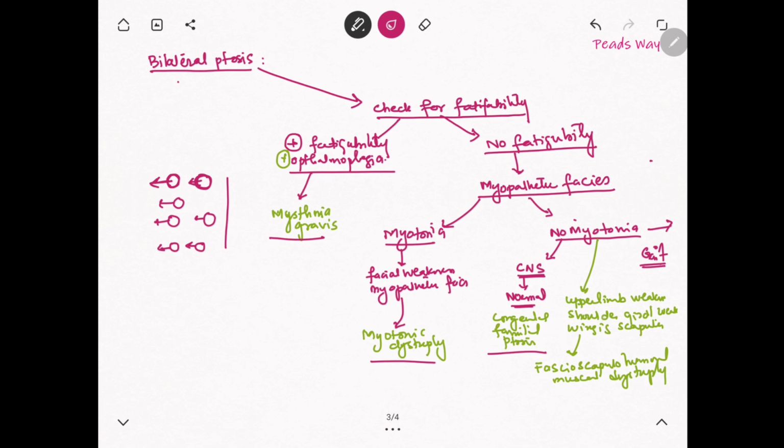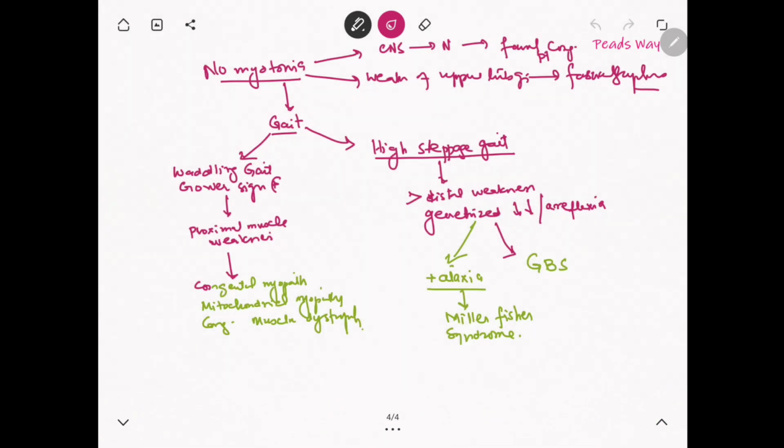If there is upper limb weakness with no myotonia, facioscapulohumeral. And if there is a gait problem, check whether the gait is waddling with positive Gower, then it's congenital myopathies. If it is high steppage gait with distal weakness and areflexia, it's either GBS or Miller Fisher variant.